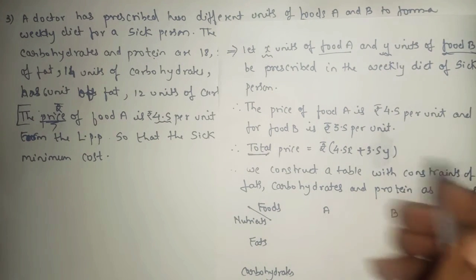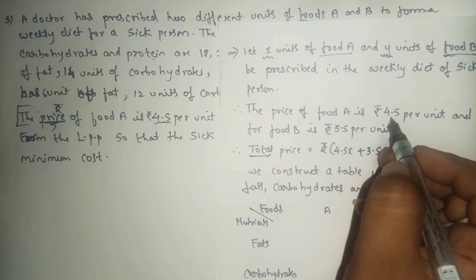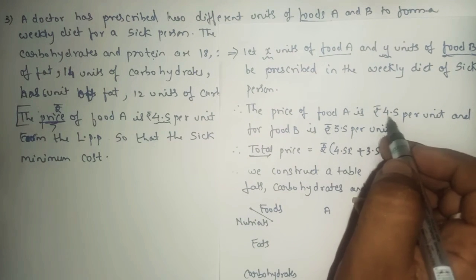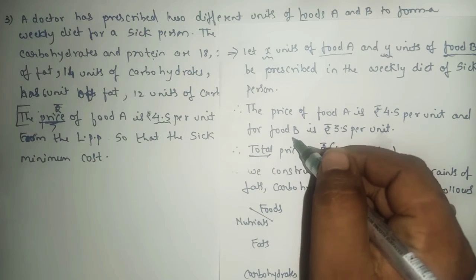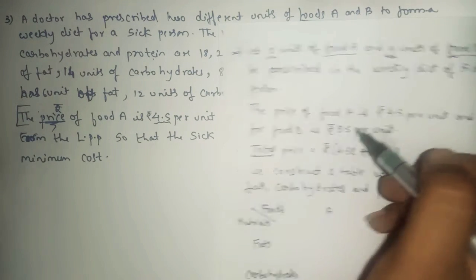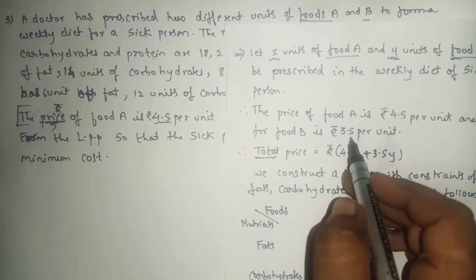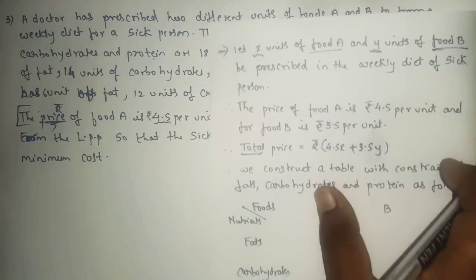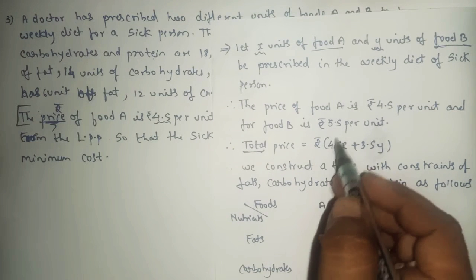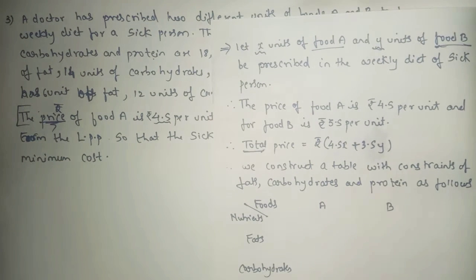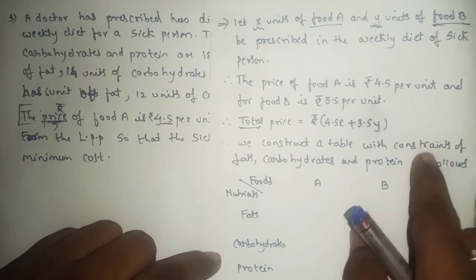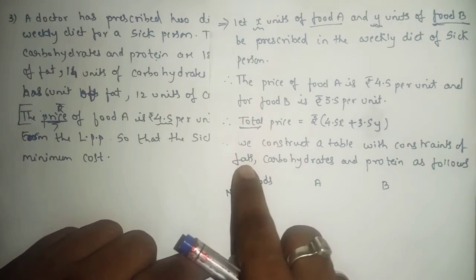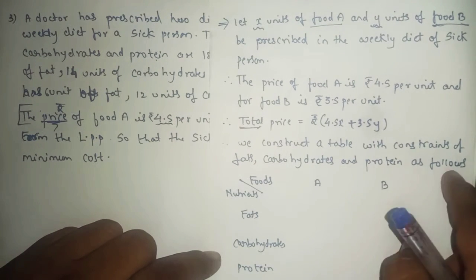For A we took X at rupees 4.5, so 4.5x, plus for food B we took Y at rupees 3.5, so 3.5y. So the total price is 4.5x plus 3.5y.